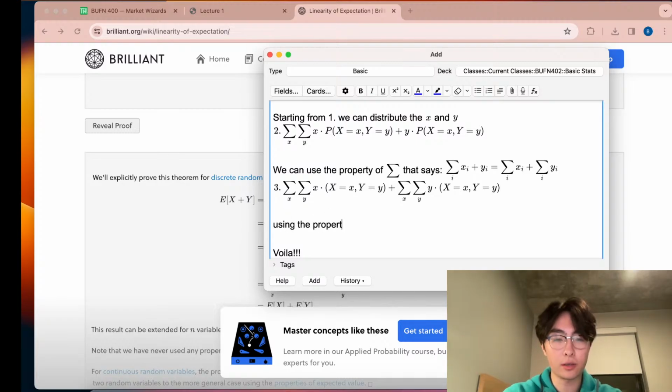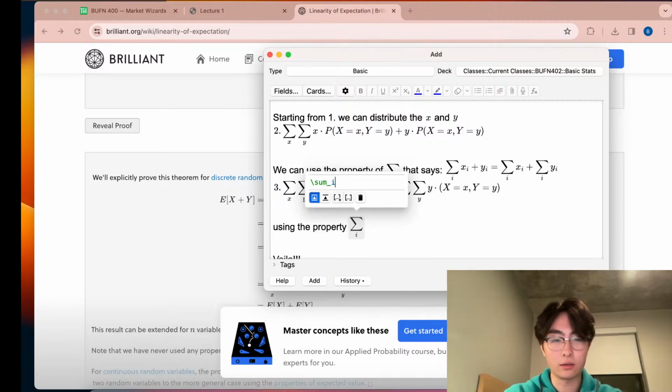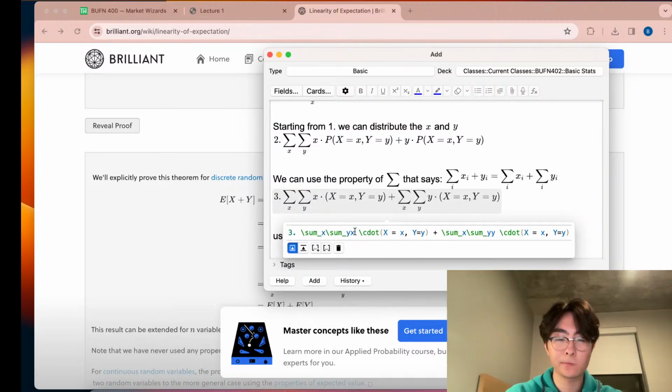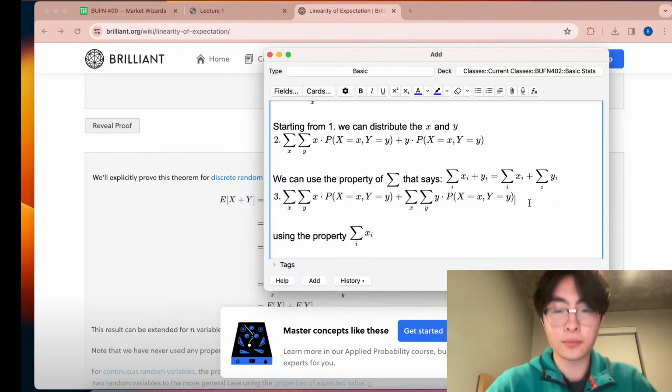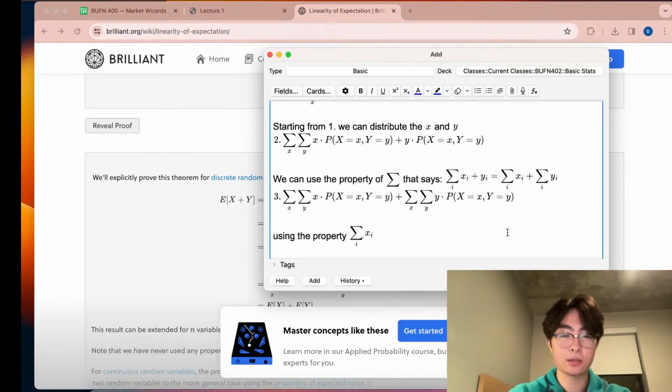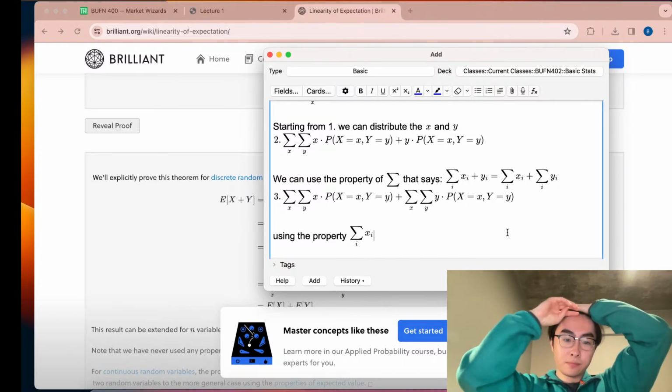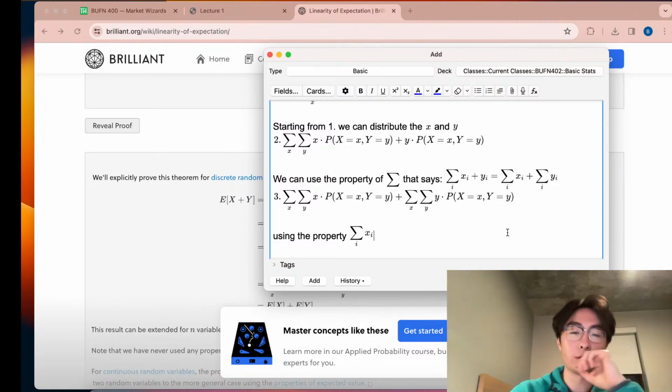Using the property, I believe if we take the sum over i of, let's say, c times xi, where c is a constant. Oh, so this is the constant property.